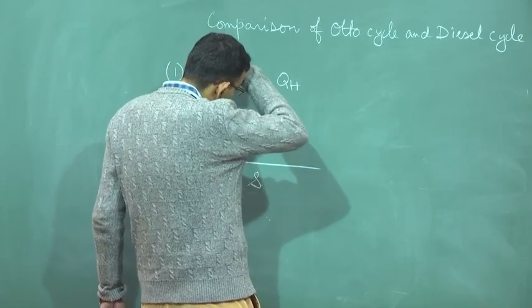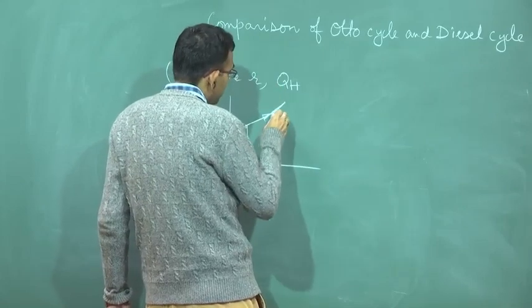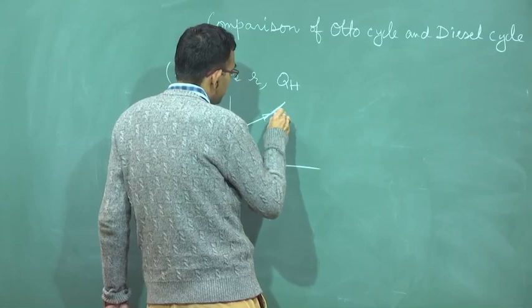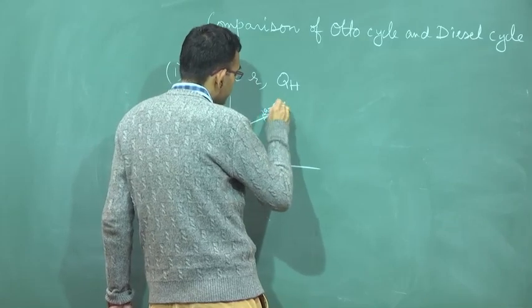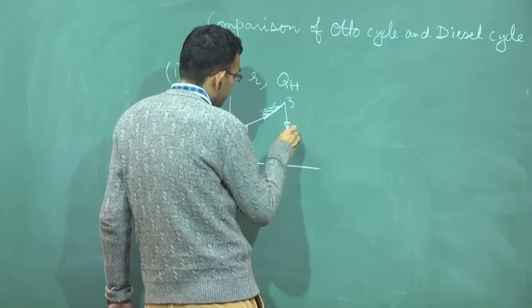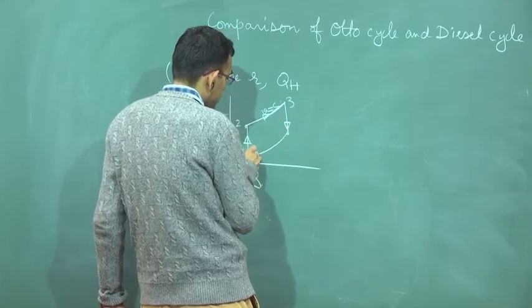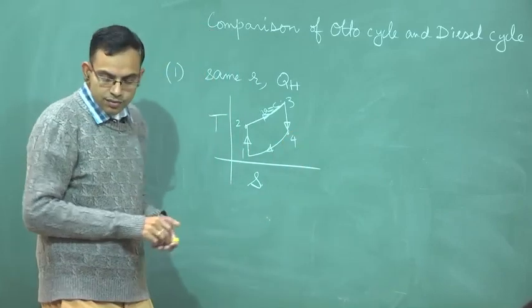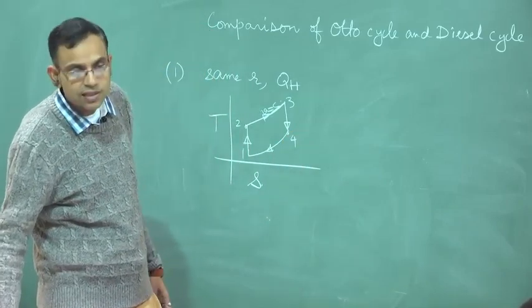This is constant volume. And with a red color I will draw the diesel cycle.